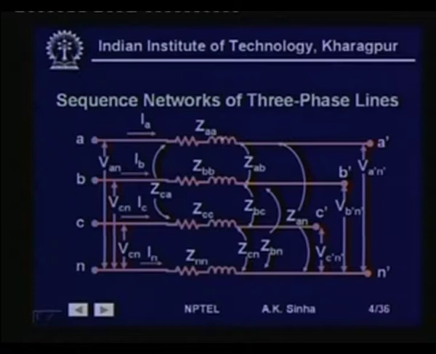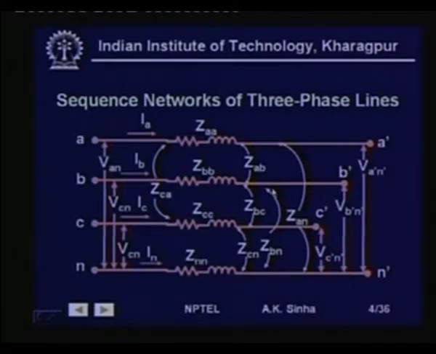Since the phase conductors of these transmission lines are near to each other as well as near to the earth wire, we will also have mutual impedances between them, that is ZAB between A and B conductors, ZBC between B and C conductors, and ZAC or ZCA between A and C conductors.